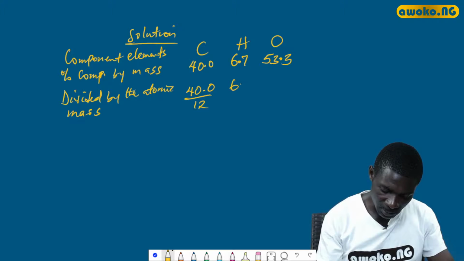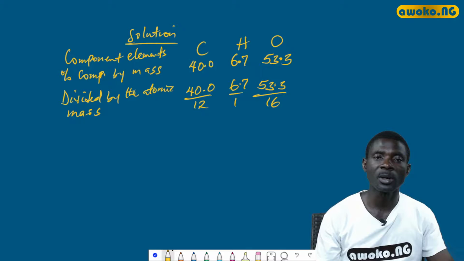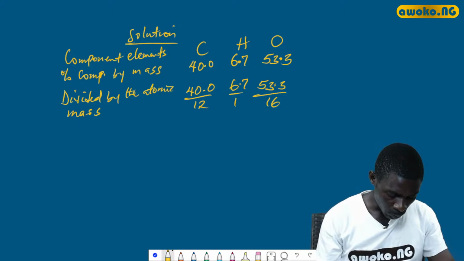Here we have 6.7 divided by 1 and 53.3 divided by 16. So 40.0 divided by 12 will give us 3.3, here will give us 6.7, while this will give us 3.3.